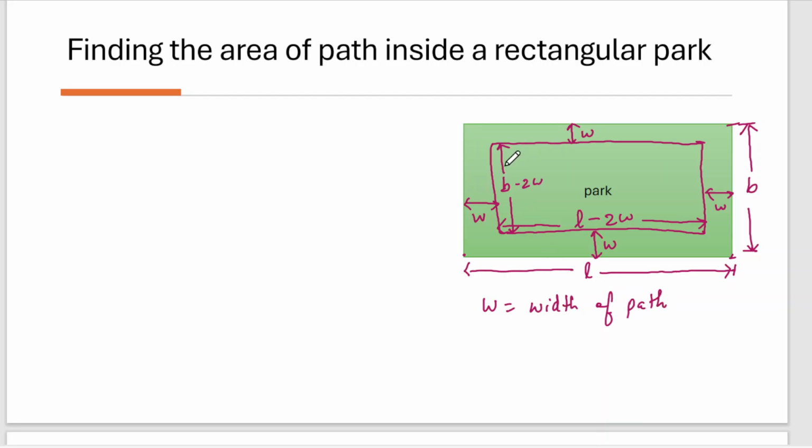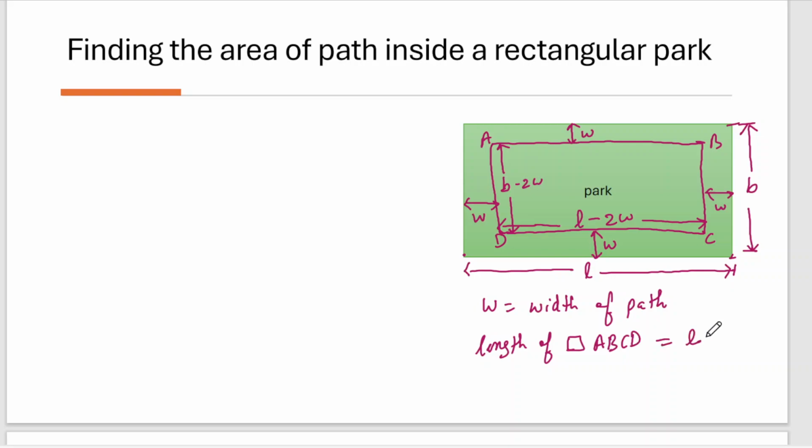Okay. Now let me name this rectangle A, B, C, D. Okay. So what is the length of rectangle ABCD?